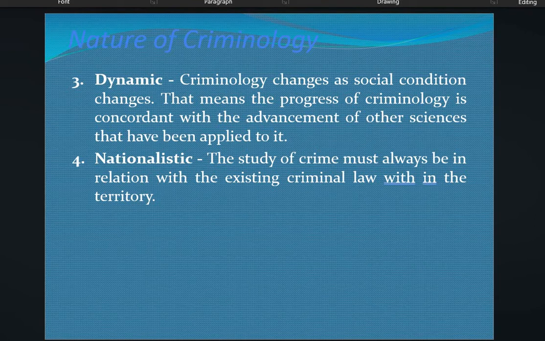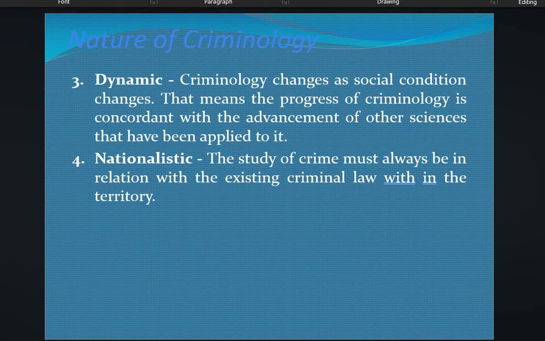Nagiging normal na siya. Pero dito sa atin sa Pilipinas, hindi siya normal. Hindi siya legal. So, nationalistic, from one place to the other, it depends on the territory. Maaaring legal sa Pilipinas, pero hindi legal sa ibang bansa. Maaaring legal sa ibang bansa, pero hindi legal sa Pilipinas. So, you have to be reminded of the nature of criminology.